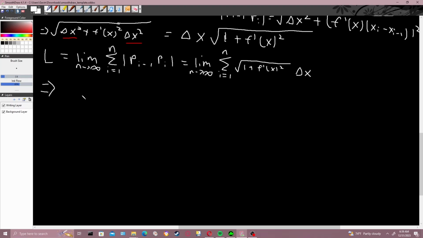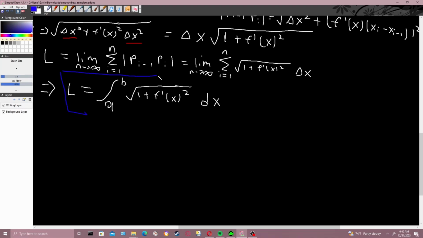So we come down here and we can now say that L is equal to the integral from a to b of the square root of 1 plus f prime x squared times the change in x. And this is revolutionary.